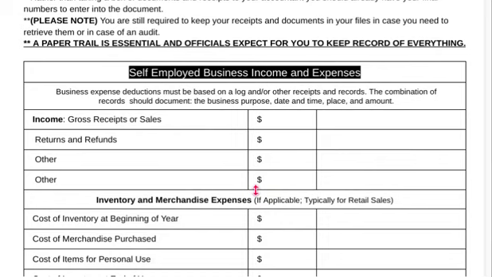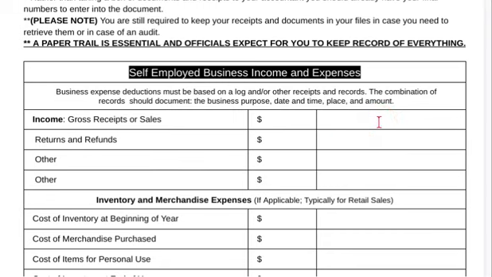So as you can see, it says income, gross receipts or sales. So when you're looking in your books and you're tallying up all of your bank statements for the year of all of the money that came into your business, on this line you're going to put the total amount of gross receipts that you accumulated. Okay? And then I always put maybe just a little note.